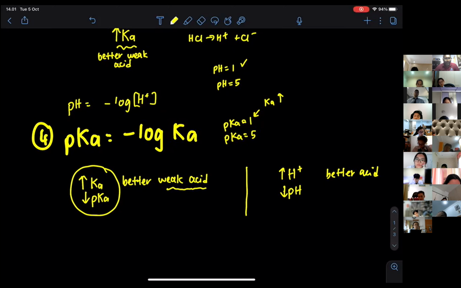All these acids that have Ka do not get completely dissociated, so it's definitely wrong to say strong acid. But you can say, let's say, comparing A and B, B is a stronger acid than this. It's still fine if you compare, but both of them must be weak acids, because the moment you use Ka, it is a weak acid. So that is something that you need to know.